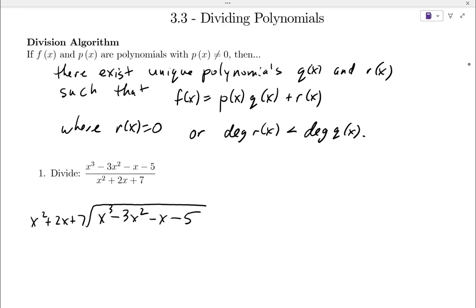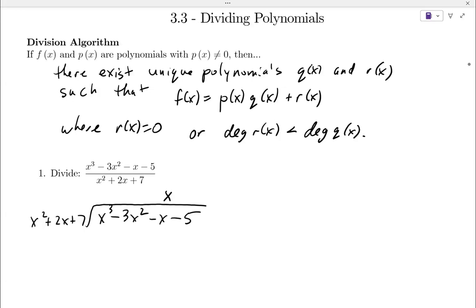So what I mean by that is, I need to say to myself, what do I need to multiply x squared by to give me x cubed? X. So that tells me how many times x squared goes into x cubed. So x goes up here. This part shouldn't be too difficult to figure out, because all I need to keep track of is my coefficients and my x is all.